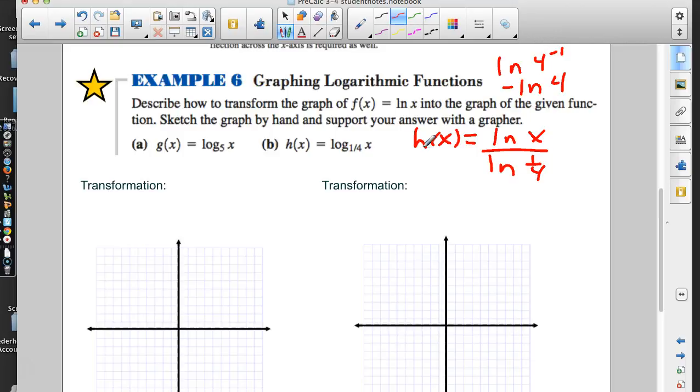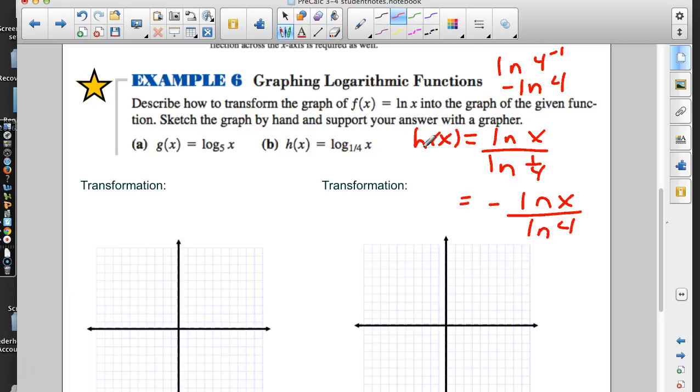So we should really make that negative natural log of 4. And you could go even further, but not with the calculator. The calculator will take care of all of that for you. All right, so this would be, oops, I don't want my two negatives, I just want one.